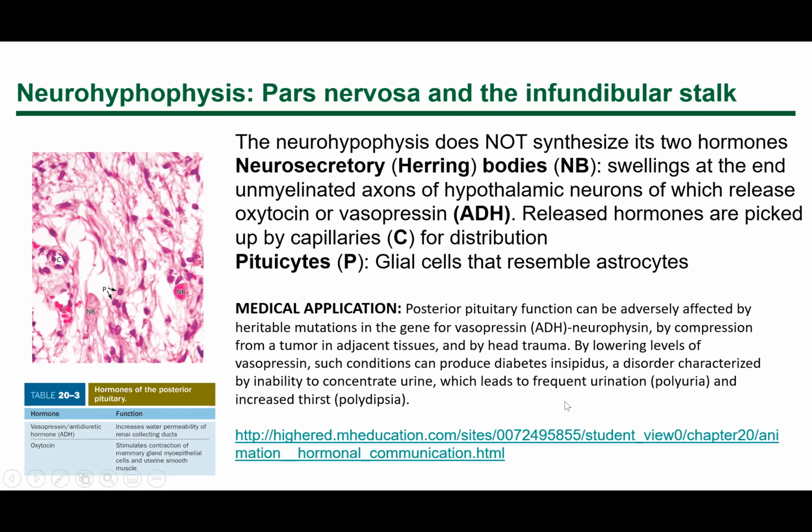So that's one possibility, is you're not making quality vasopressin, or if you have a pituitary tumor that is squishing your neurohypophysis and not permitting it to release things, or head trauma, you can get hyposecretion of vasopressin, and that produces something called diabetes insipidus, which means that you cannot concentrate your urine. And that leads to polyuria, so frequent urination. So you're losing large volumes of water in your urine and increased thirst.